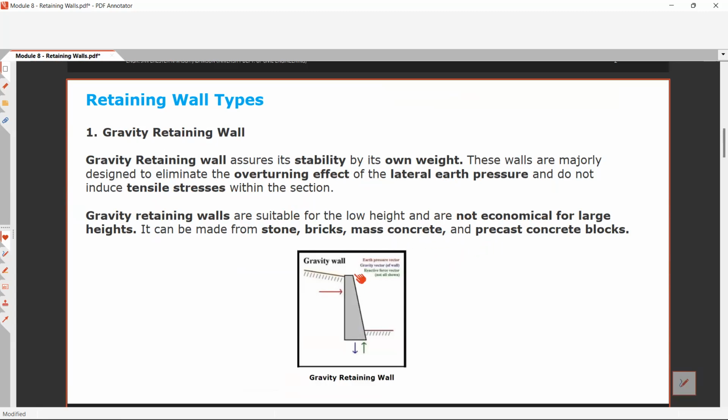So this gravity retaining wall, by the word itself, gravity, basically depends on the total weight of the retaining wall. It is like a dam, if you recall your fluid dynamics.